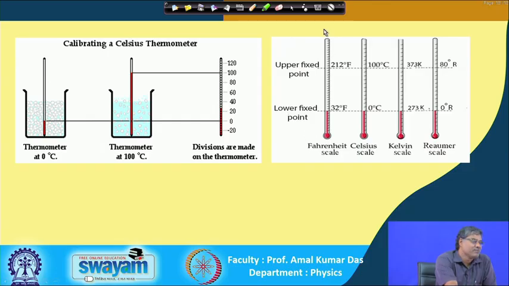So, if I take a glass tube with a very small radius and a longer length, and if I put the mercury in, okay, so this mercury position is say here.